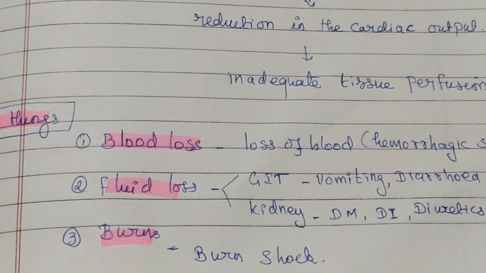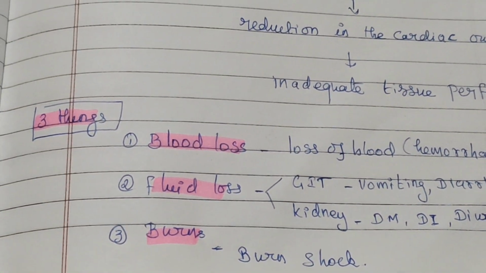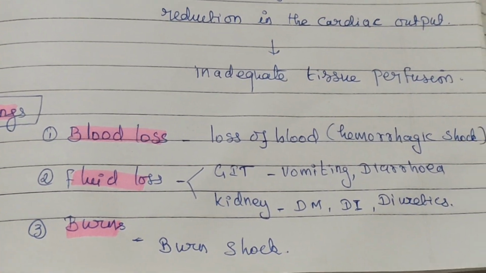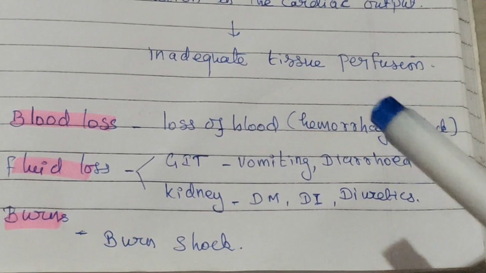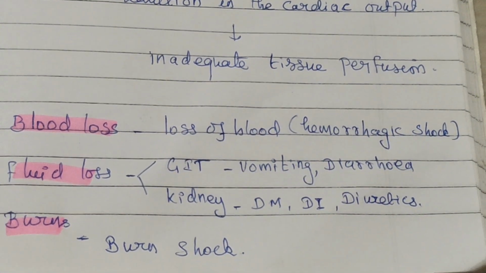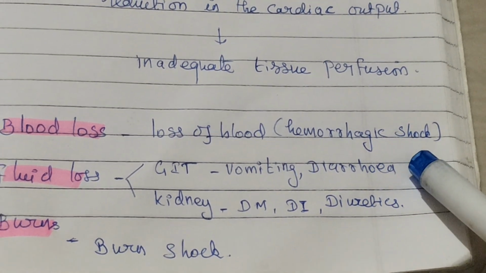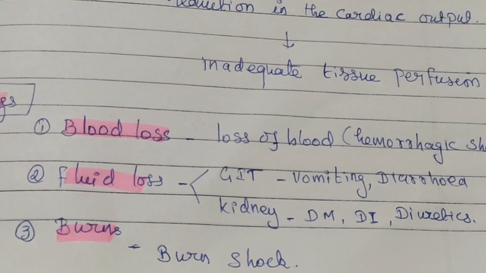So 3 things cause hypovolemic shock. If hypovolemic shock occurs directly because of loss of blood, it is called hemorrhagic shock.